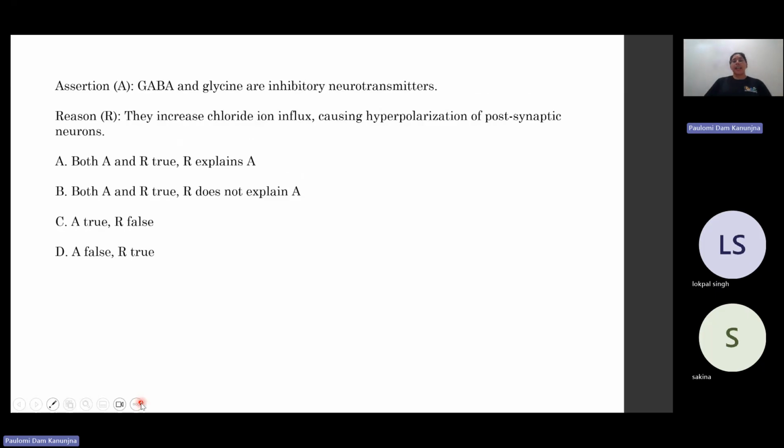Okay, GABA and glycine are inhibitory neurotransmitters. They increase chloride ion influx, causing hyperpolarization of postsynaptic neurons.